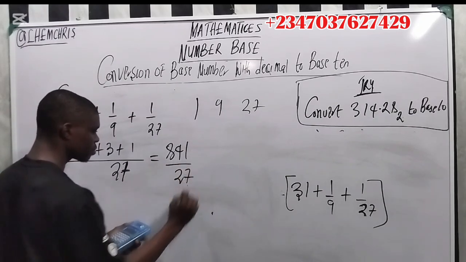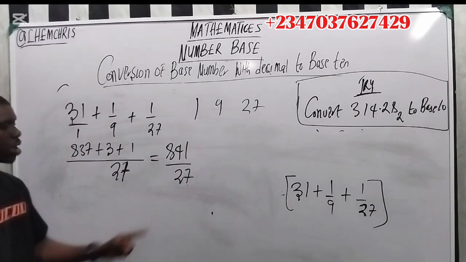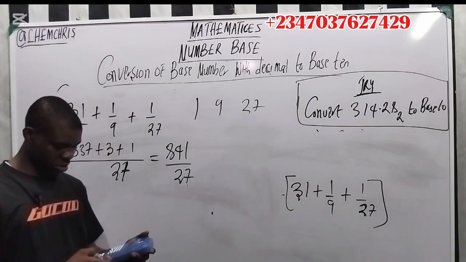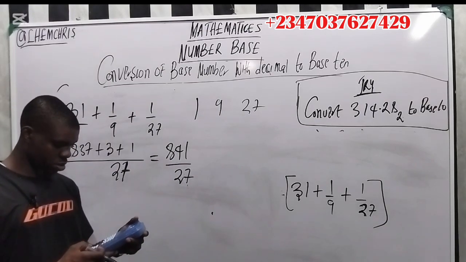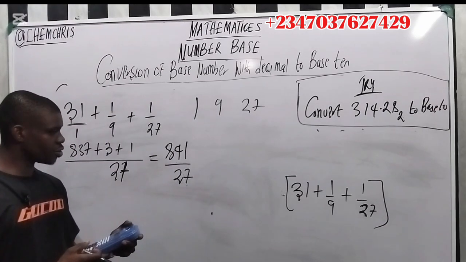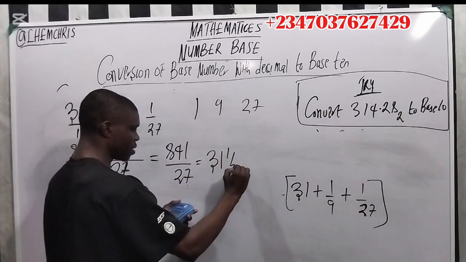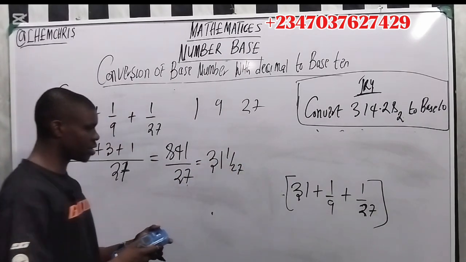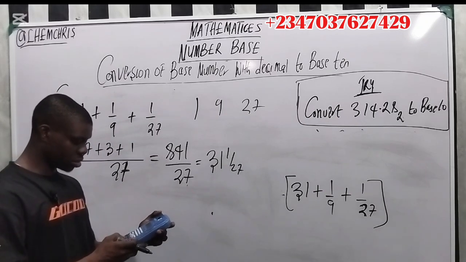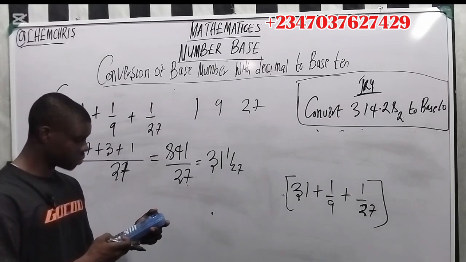Can 27 go into 841? It's going to be 31 whole number with remainder 1 over 27. Let us look at it if it's correct. 31 times 27.